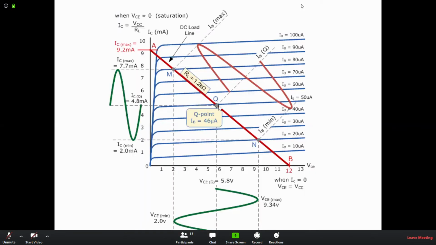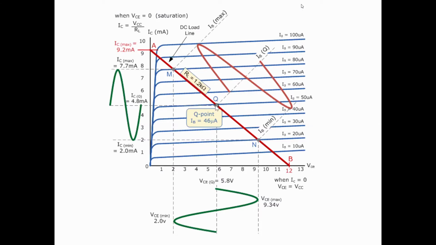Because, again, see this dotted line here, that is the quiescent point, and the signal is applied on that quiescent point. It goes up and down on the quiescent point. If I chose that Q down here, or let's exaggerate, let's bring something like here.